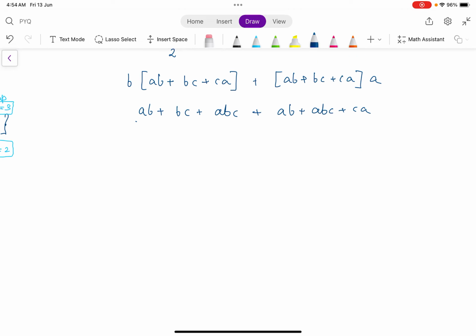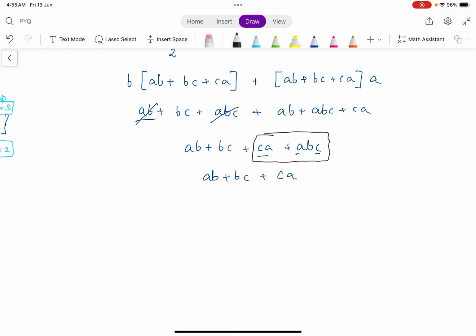Now the complete AB, one gets cancelled out, ABC also one gets cancelled out. This comes out to be AB, BC plus CA and ABC. If you take one common, AC comes out to be AB, BC and again CA. That you can also see here in the statement I have given.